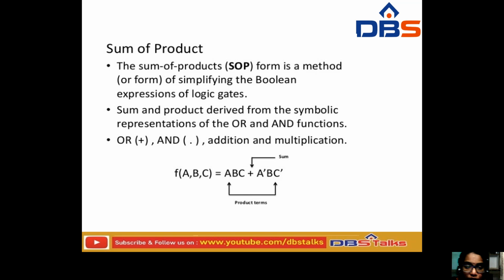This is the multiplication of these three variables, and this is the multiplication of these three variables. In between these two expressions we are going to perform the sum operation. So we can say this is an example of the sum of products.